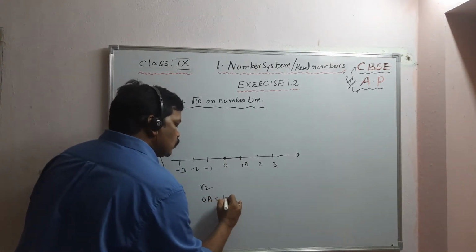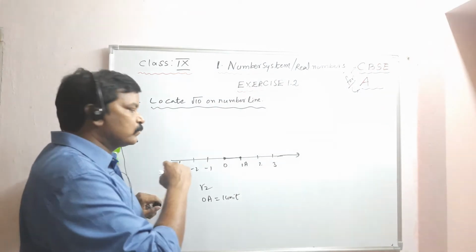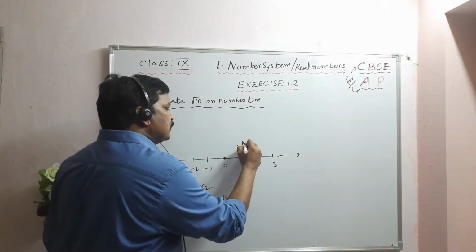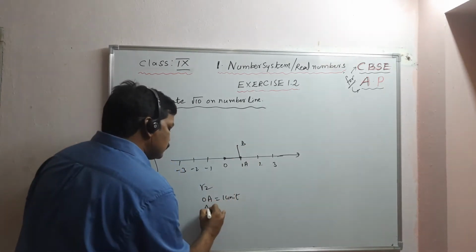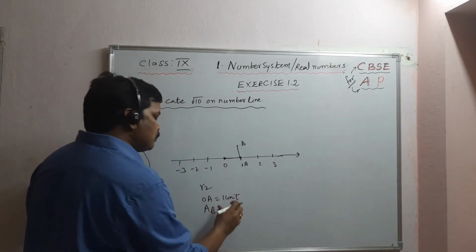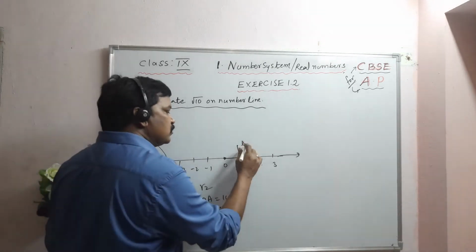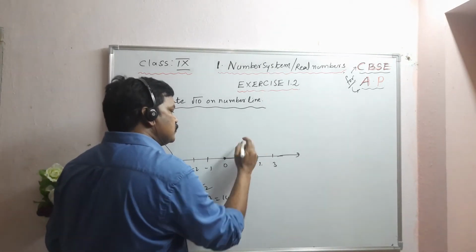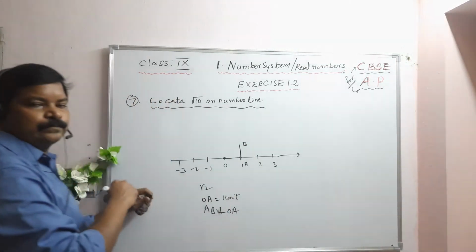OA is equal to 1 unit. See, draw AB. This is B. Draw AB, which is perpendicular to OA.